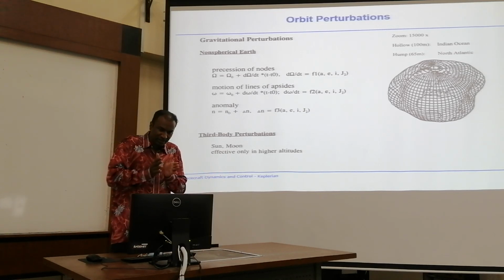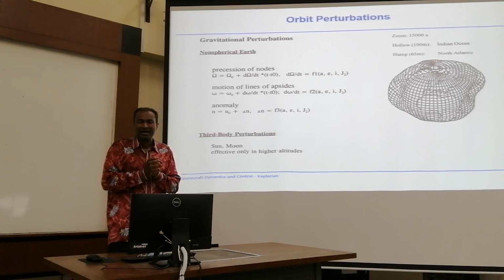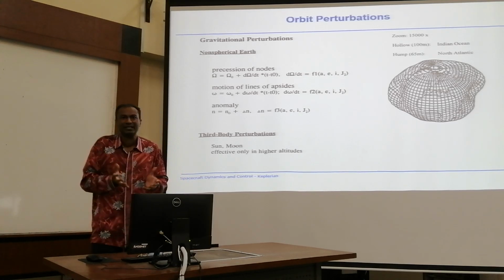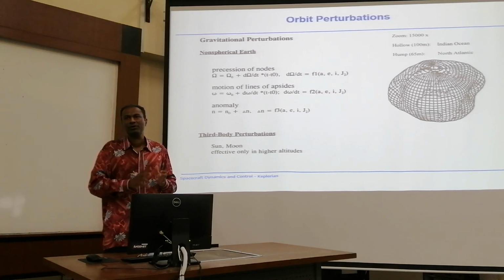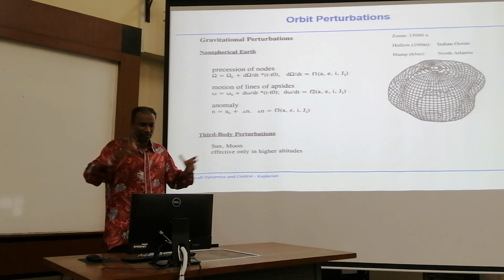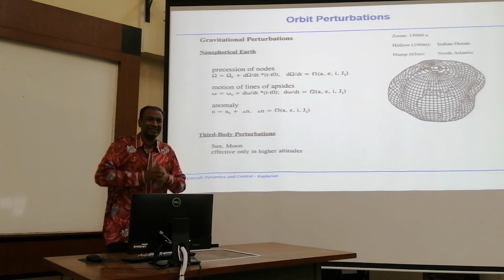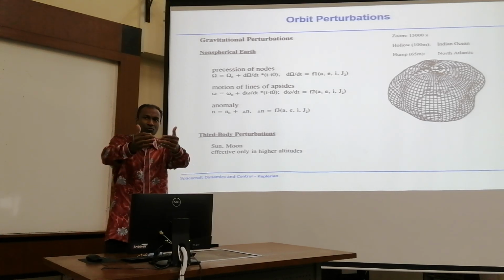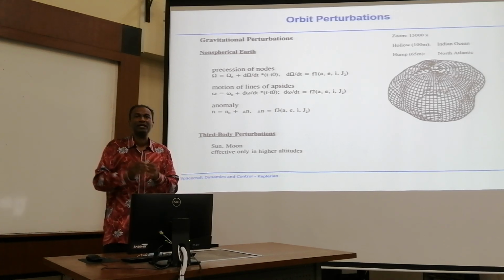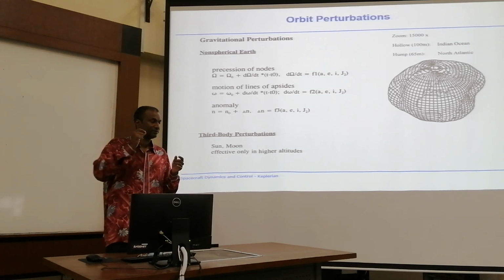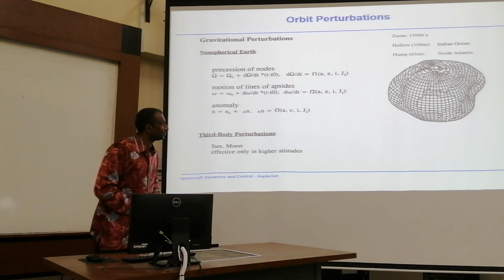So if you fly very close, and your mass is very small, a small satellite, we consider a two-body problem good enough. We don't need a third body problem. So this is very important to see. The further you go out of planet Earth, the third body problem becomes important.